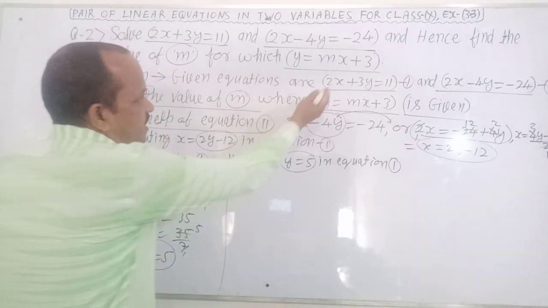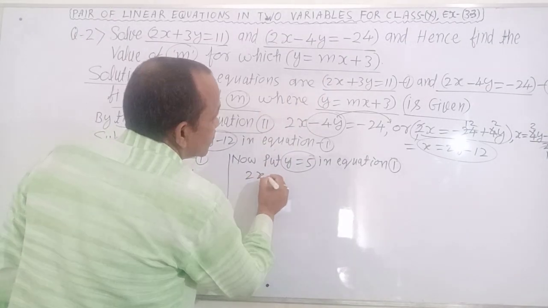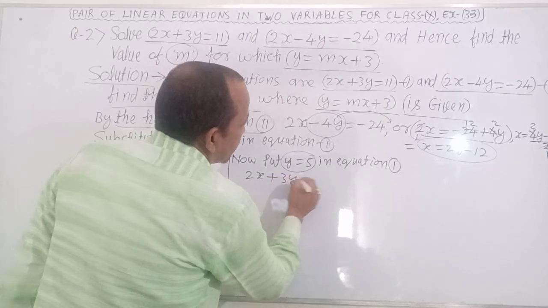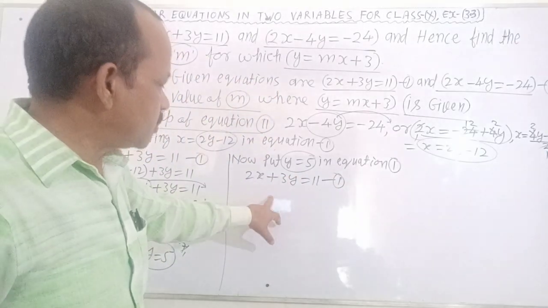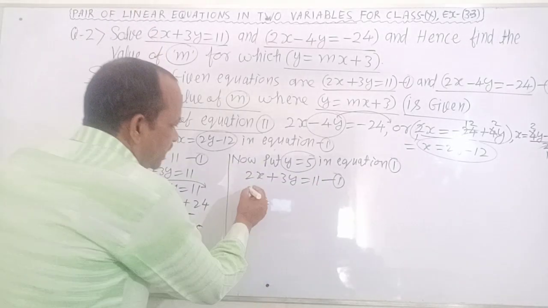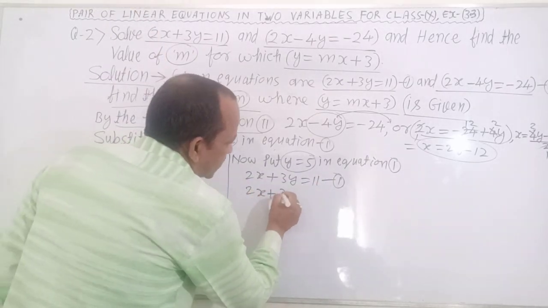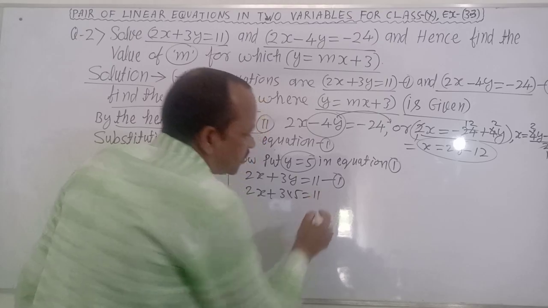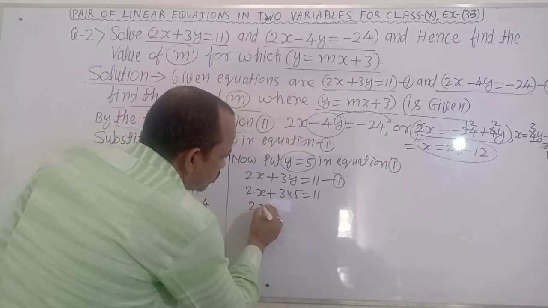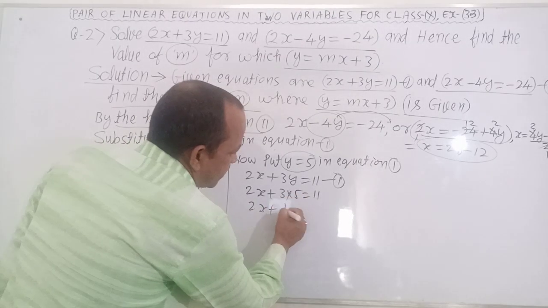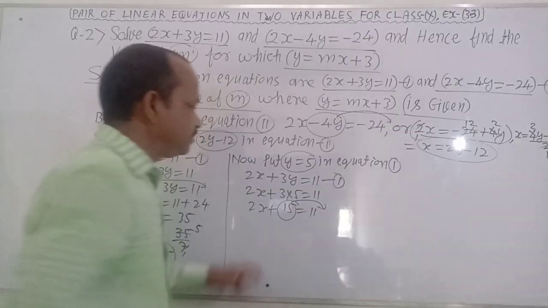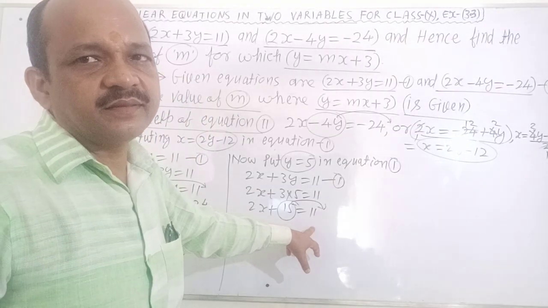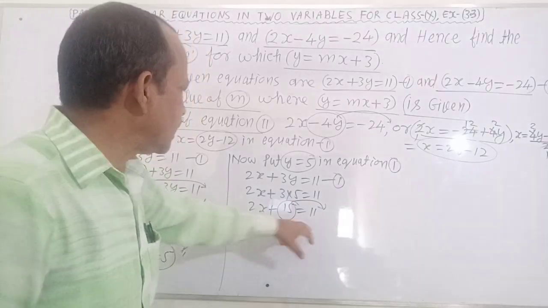Equation first is 2x plus 3y equal to 11. You put y equal to 5. It becomes 2x plus 3 multiply 5 equal to 11. 2x plus 15 equal to 11. You write 15 on the right side of equal. Clear?